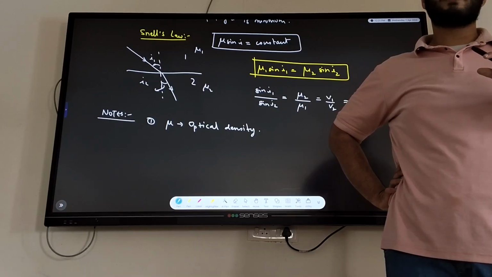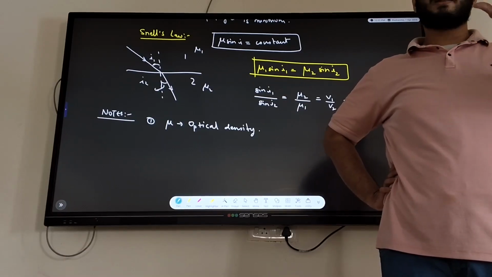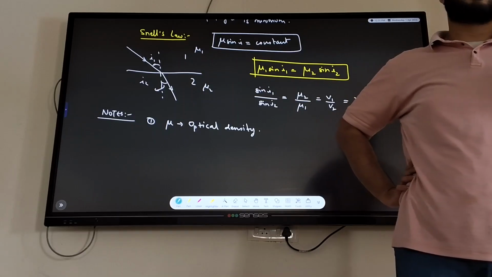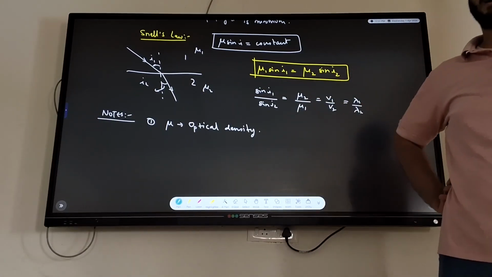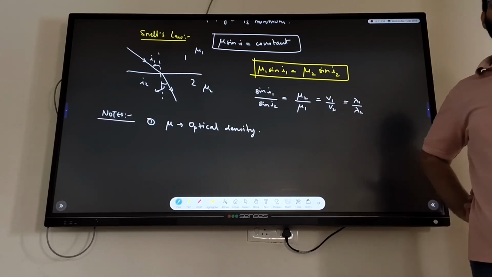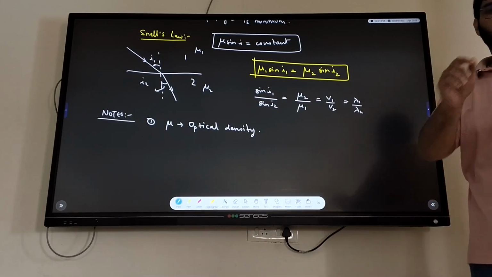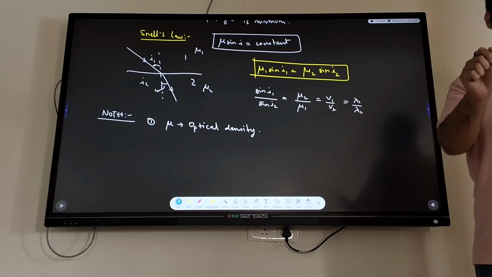What will that medium be called? Rarer. A medium can have less mass density and more optical density. What will that be called? Denser. So don't compare, okay, oil and water, where oil has more mass density, that it will always have more optical density as well. Optical density and mass density are not related. Okay? Good.